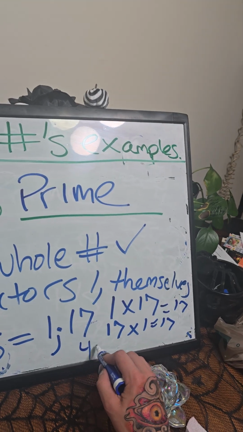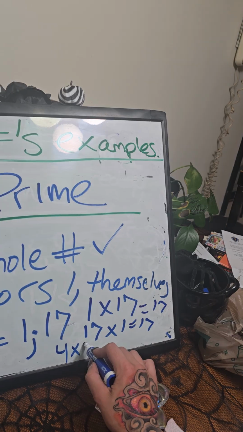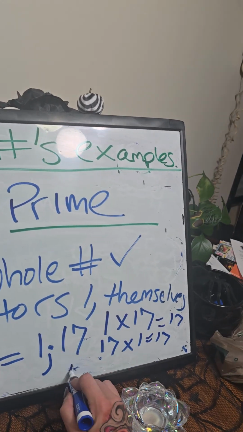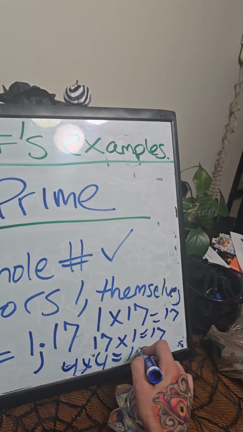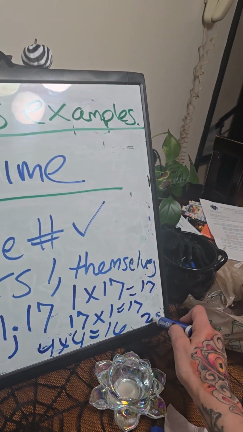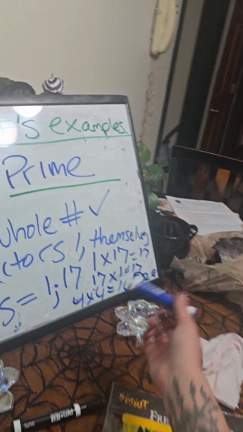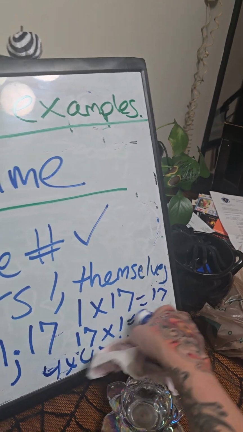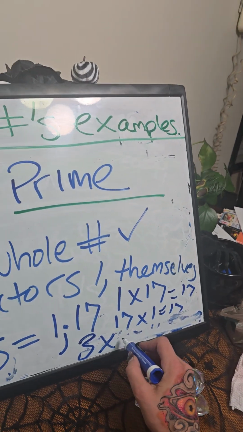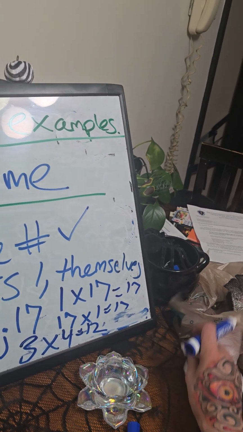Meaning, I can't multiply, oopsies. Let's see, 4 times 4 is 16. So what's 4 times 5? 20. So there's no 17 in the middle there, so I can't get it that way. All right, what about 3? Maybe 3 times, let's do 3 times 4 equals 12.